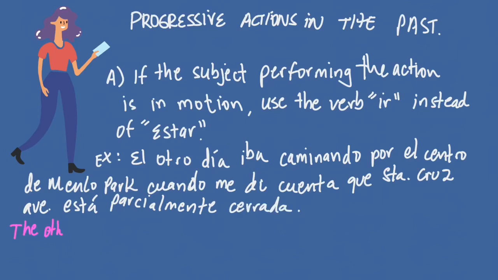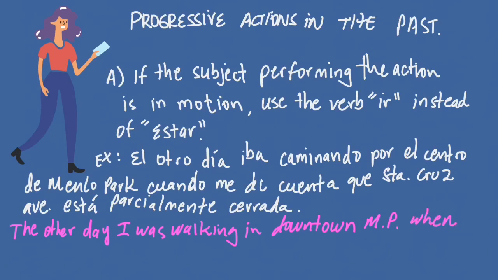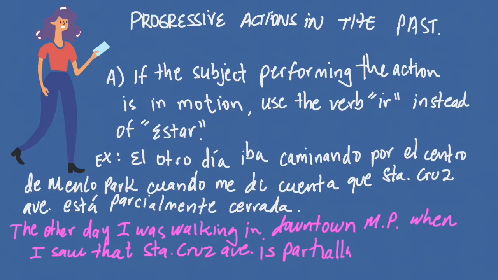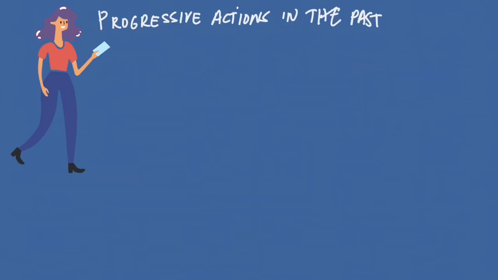In English, the other day, I was walking in downtown Menlo Park when I saw that Santa Cruz Avenue is partially closed. So notice that this progressive action, because I am in motion, then in English you use the verb to be, was walking, but in Spanish I use the verb ir, iba caminando.